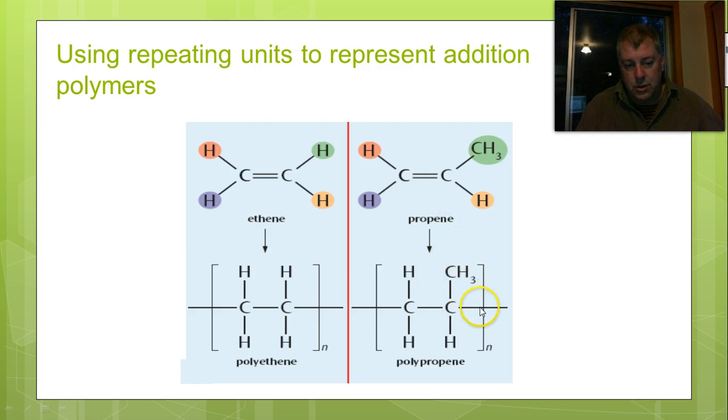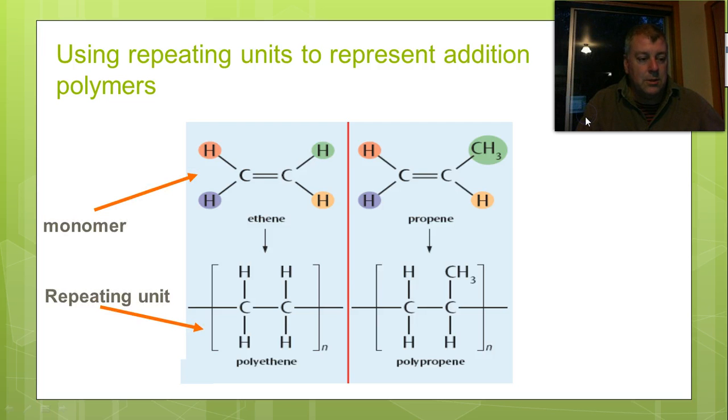A lot of people want to draw it as part of the chain, but it doesn't take part of the chain. The chain only occurs between the carbons that have the double bond, and so any other carbon is just a little branch off the reoccurring unit. Okay, that confuses people quite a lot, that one.